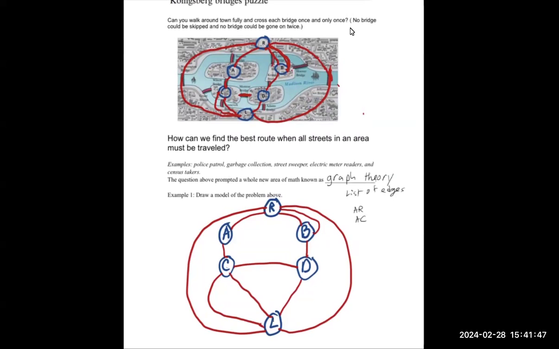Okay, now then everything that's connected to C: there's CL, there's CD, and there's a second CL. Okay, then I move around to L. Is there anything else connected to L? There's LR, two LRs.